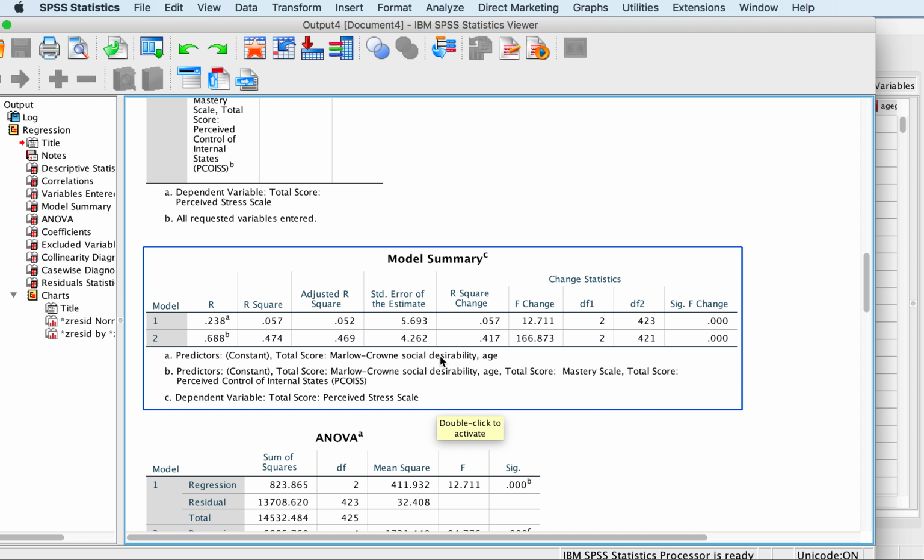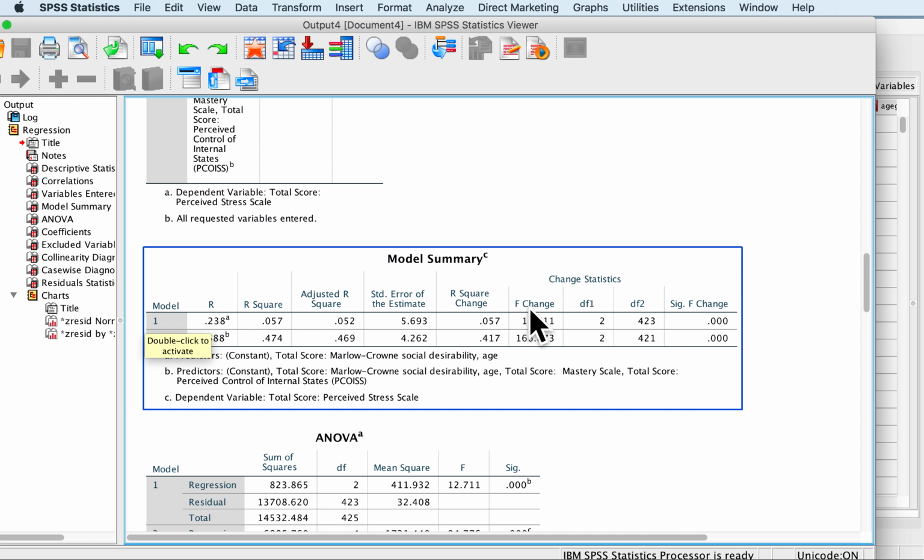That's not very big, so a relatively small R square. Again, the adjusted R square is not a whole lot different because we have a pretty big sample size. Then we come all the way over to the R square change. This is essentially the change from 0% variance accounted for to whatever Model 1 accounts for, so it's going to be equal to R square, 0.057.